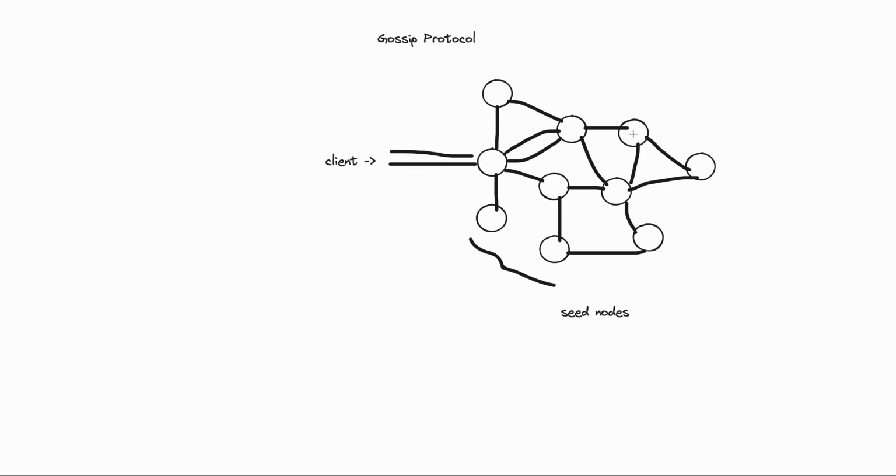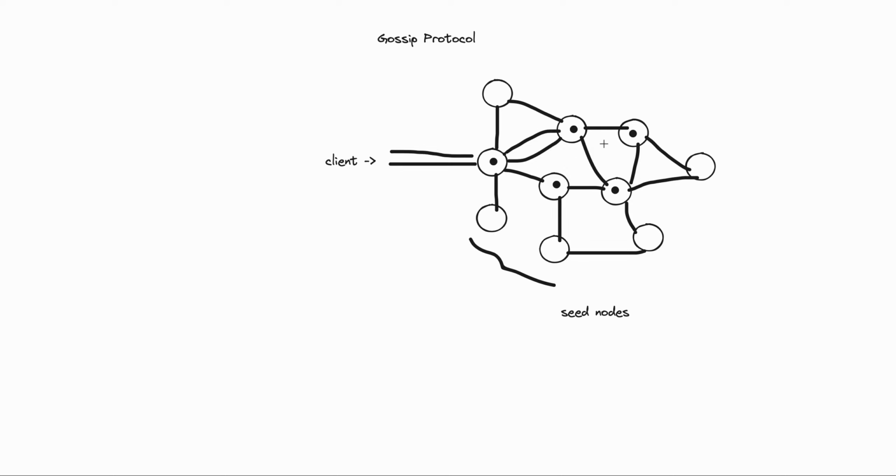This node shares information with this node, then this node shares information with the next node. Finally, this node will know about the node that was added here. This way, all the nodes share state across all those machines, so every node knows about each other. In this way, when a new request comes, it can directly talk to any of the machines to store and retrieve data. So this is how the gossip protocol works.